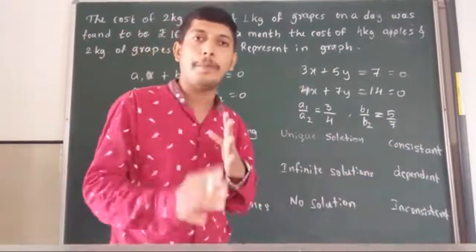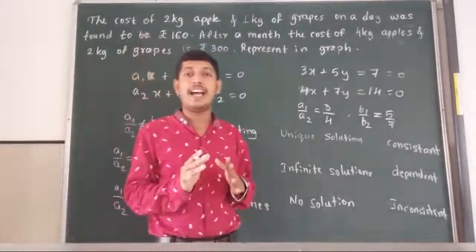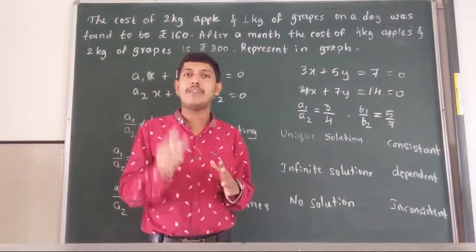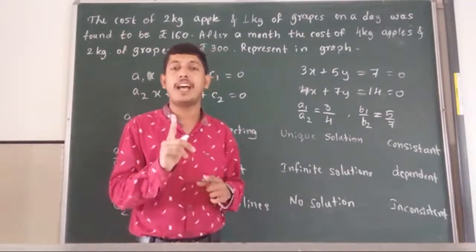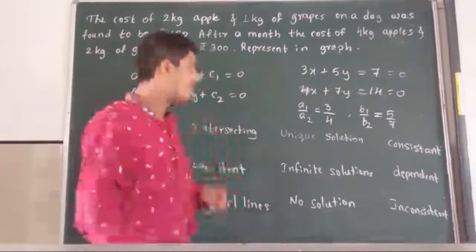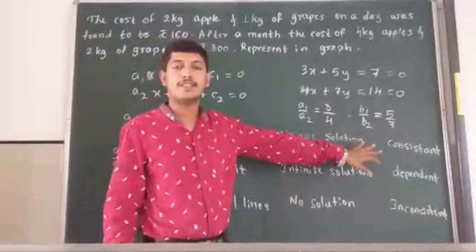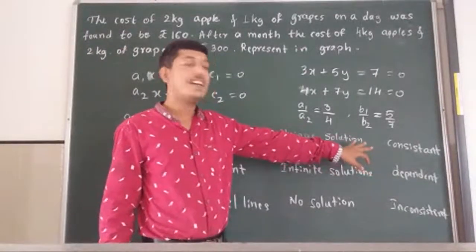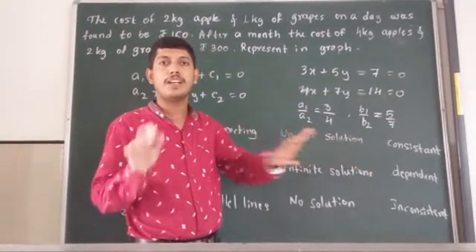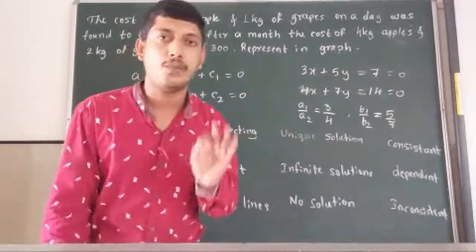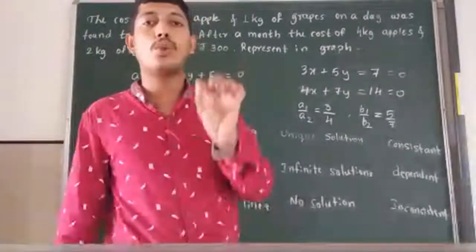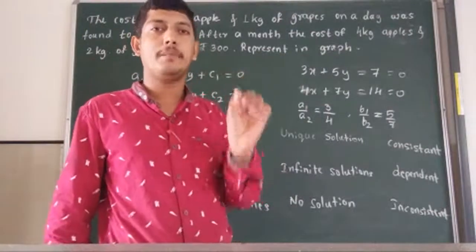When a pair of linear equations is given and they have a single solution, then that kind of equations is known as consistent. So the nature of the graph is intersecting when A1 by A2 is not equal to B1 by B2.